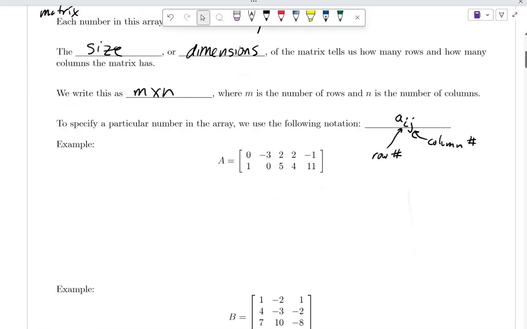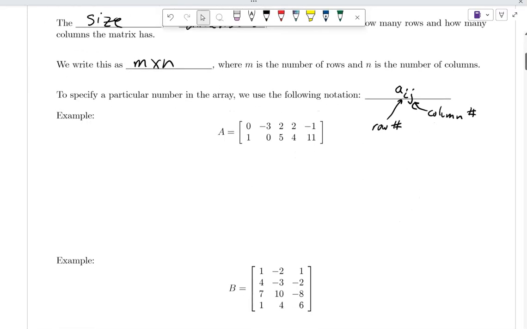All right, so if I go to this example here, what is the 1-3 entry? It's right here, right? That's the 1-3 entry, row 1, column 3.